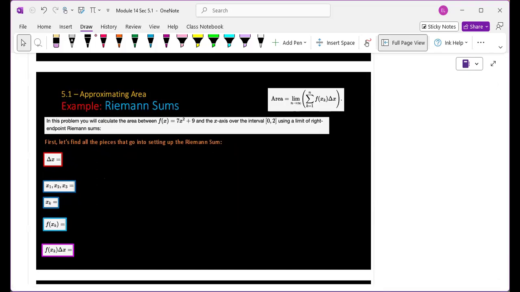All right, so I'm going to start this, and then I'll probably record a video at home where I do the whole thing start to finish. So here we are looking at f of x equals 7x squared plus 9. That is a parabola over the interval 0 to 2.